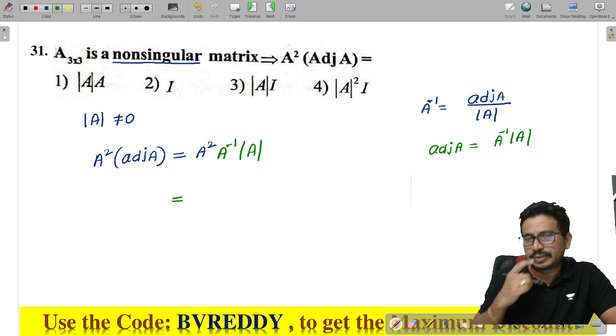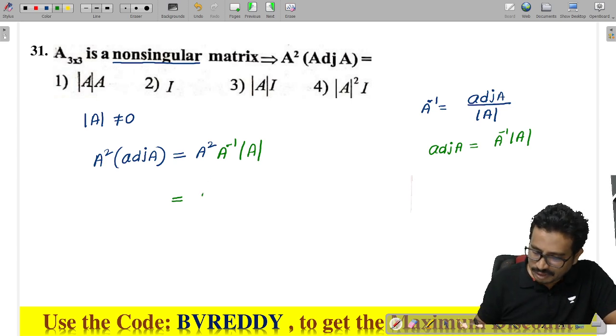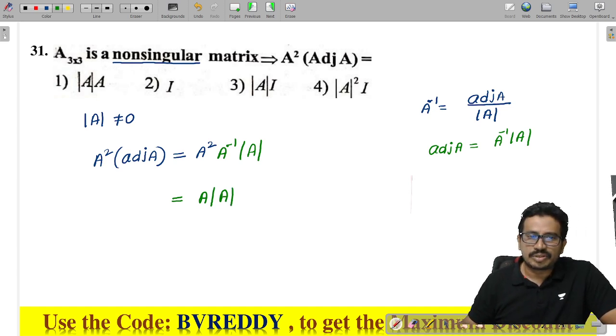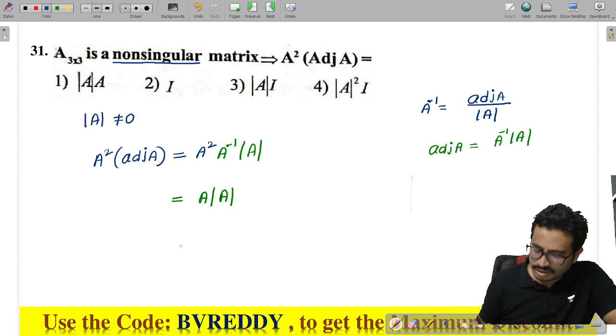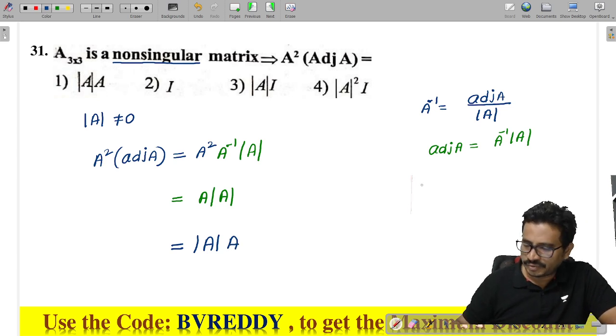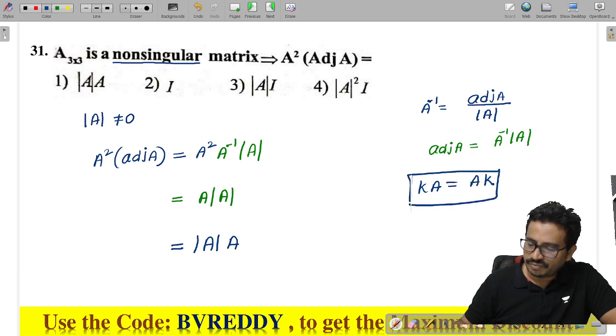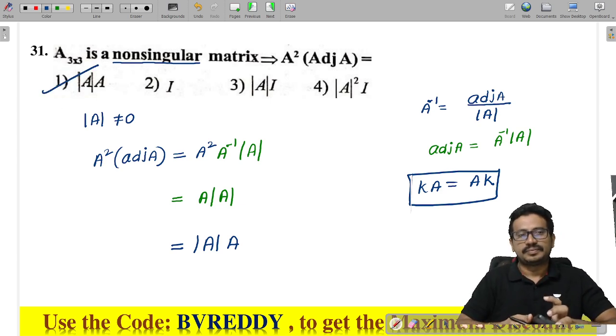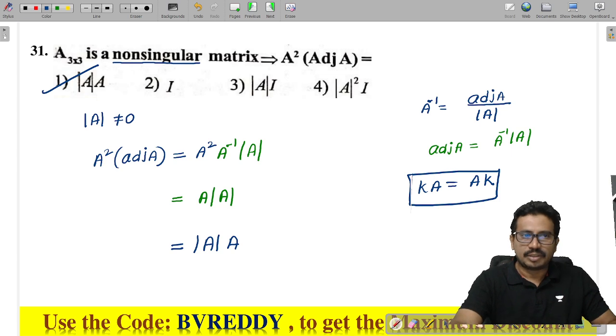A into A inverse is the identity matrix, so it becomes A into determinant of the matrix. As we know, the determinant of the matrix is a constant, so we can write this as det A into A, since K into a matrix is nothing but A into K, multiplying with a constant. So option 1. Next problem.